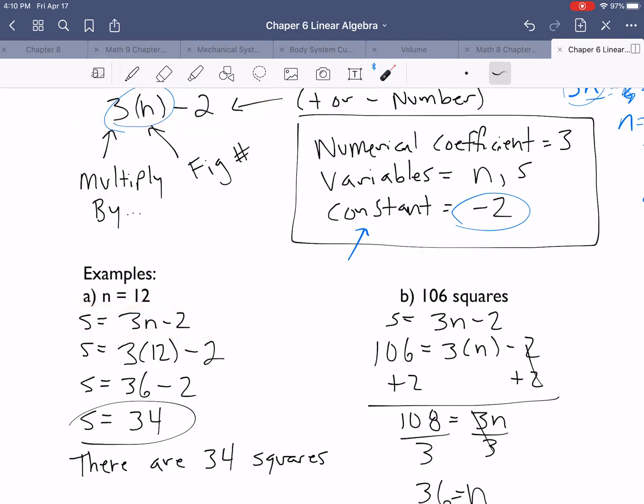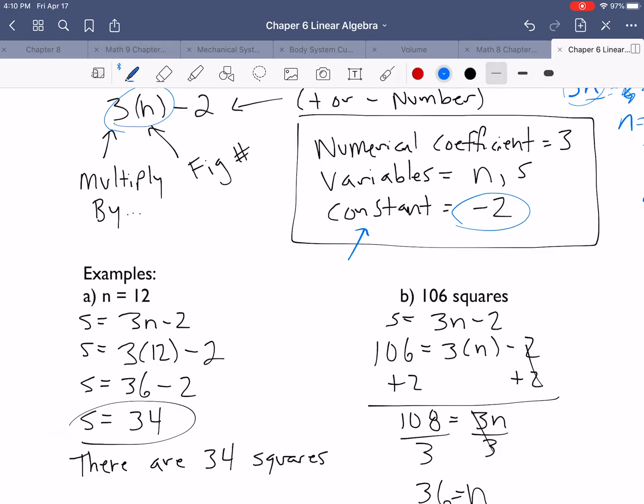S equals 3n minus 2. So what you do is when it tells you that n equals 12, you stick it in where the n is. So 3 times 12 minus 2. Awesome. So you just do the math now. 3 times 12 is 36, minus 2 is 34. So the sides, or the squares, is 34.